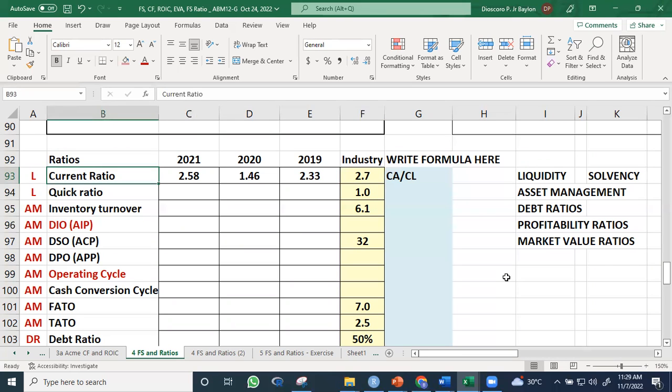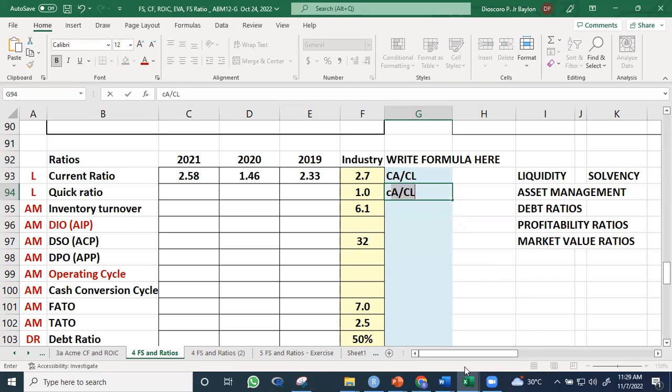Okay, and then we said that current ratio might not be so helpful a ratio in terms of liquidity. A more strict ratio is quick ratio. Ano yung quick ratio? In quick ratio, ang ginagamit lang natin sa current assets natin would be cash, plus marketable securities lang, and then divide this by your current liabilities.